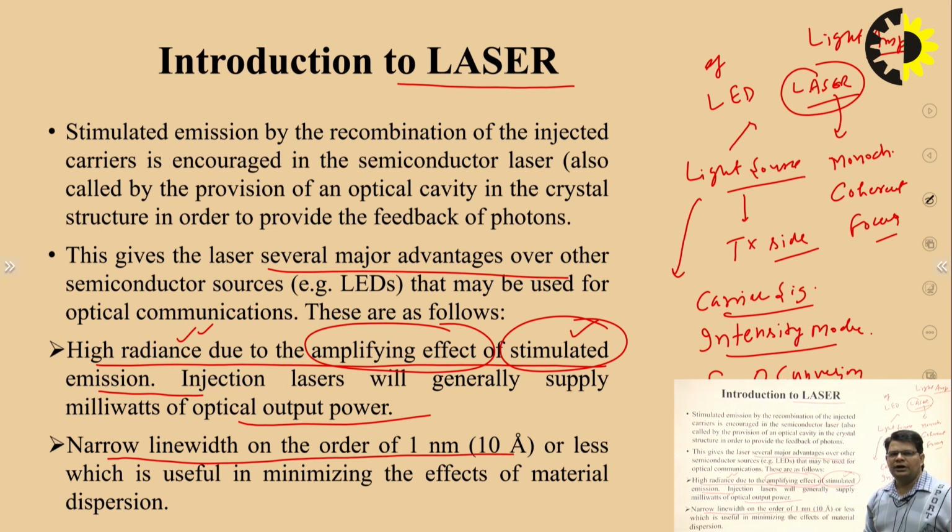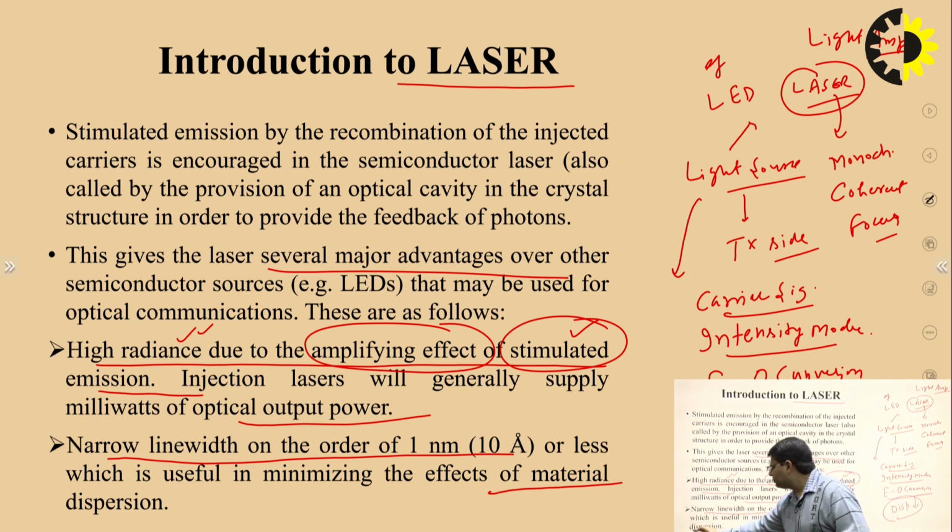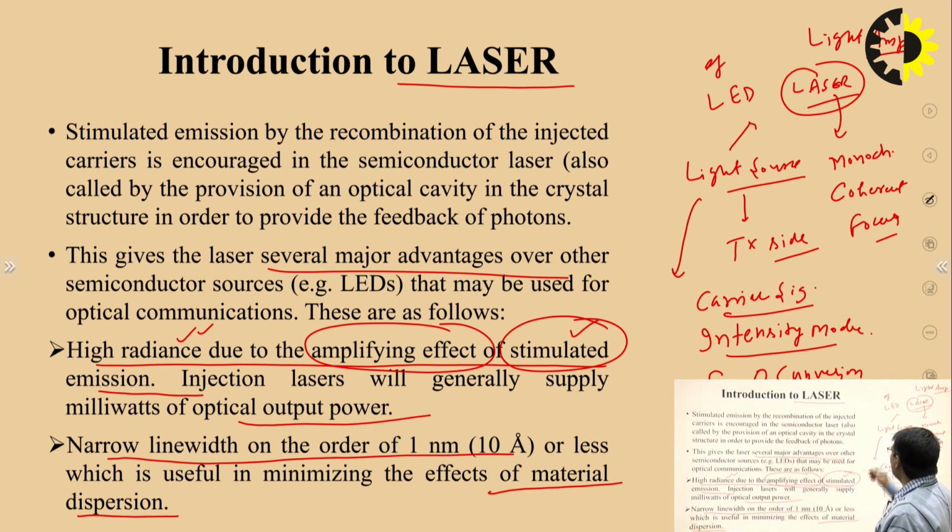Another advantage is narrow line width of the source. If we compare the spectral line width of LED and laser, the spectral line width of the laser is comparatively less. That's why we get the minimal effect of material dispersion. We know that the material dispersion or chromatic dispersion sigma m equals sigma lambda L M, where sigma lambda is the spectral line width of the source.